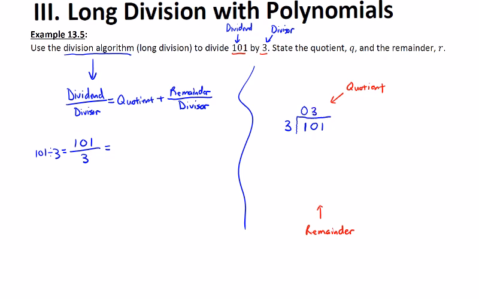Once I establish the beginning of my quotient, I'm supposed to multiply through, 3 times 3, which gives me 9. This is all part of the standard algorithm, and I'll write up here, this is where you multiply. Once we've done that, we are expected to subtract 9 from the part of the dividend that we were using.